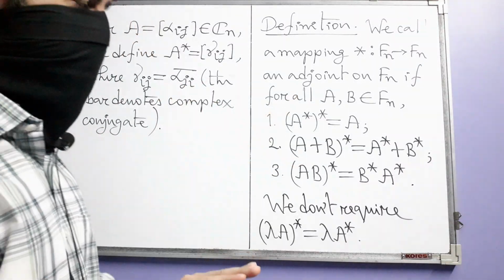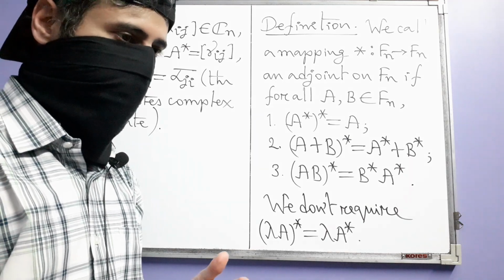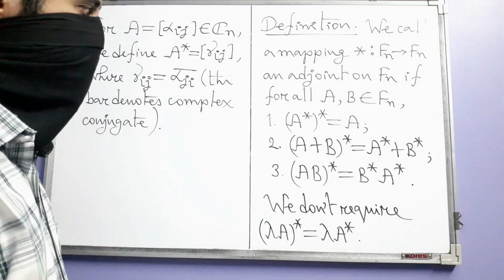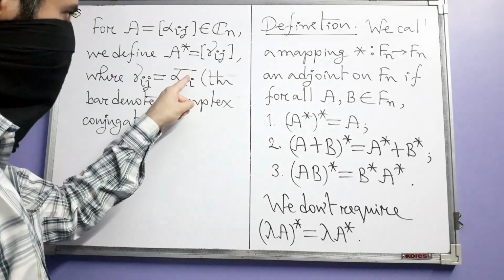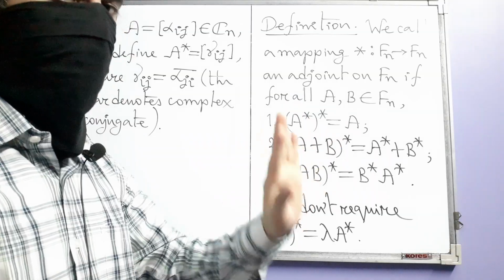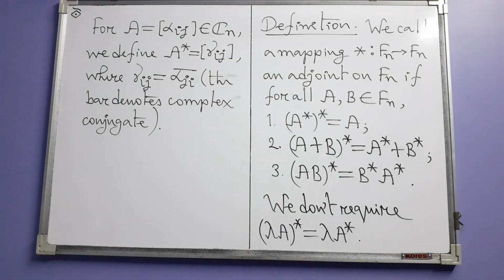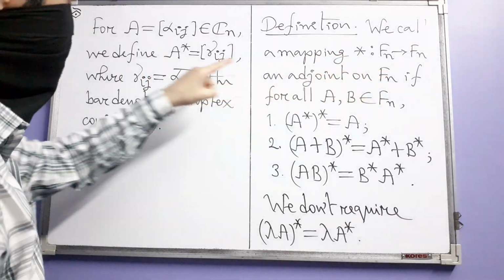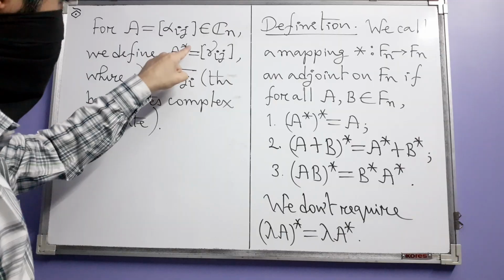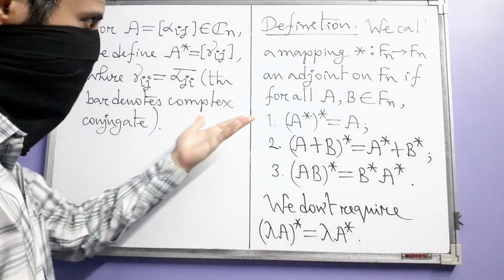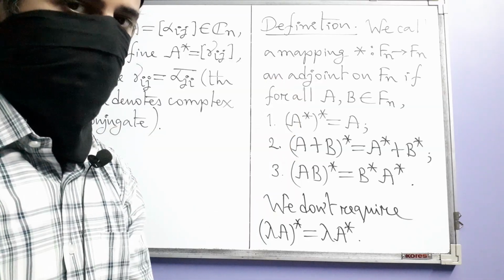If the field is general, however, say F is a finite field, not of characteristic 2, but it still can be a finite field. There, however, this will not make any sense because those are something other than complex numbers. Now, the fact that this really is a function of that type, right? Because on a matrix of this type, if we apply this star, then we are again getting an n by n complex matrix.